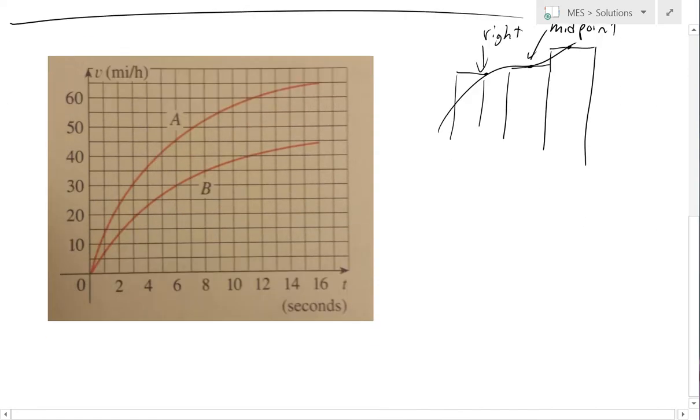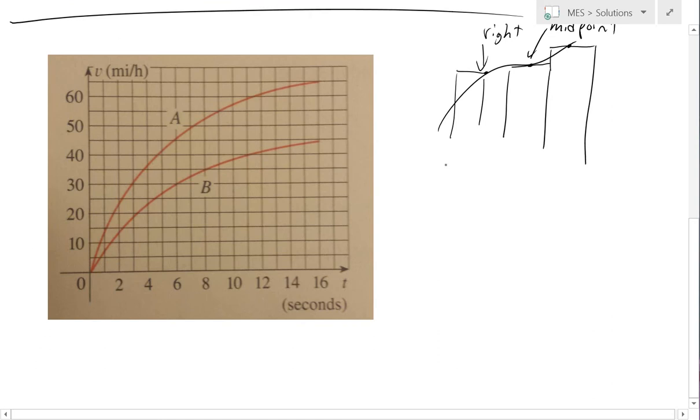In this example, let's estimate the area under B first, with n equals 4, or 4 blocks. There's 16 seconds, so 16 divided by 4, we break up 16 seconds into 4-second intervals.